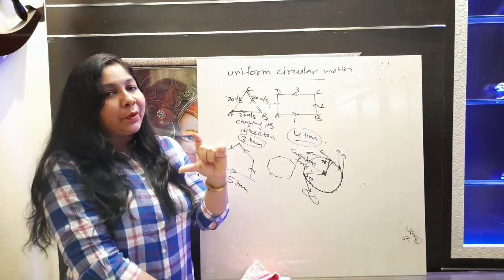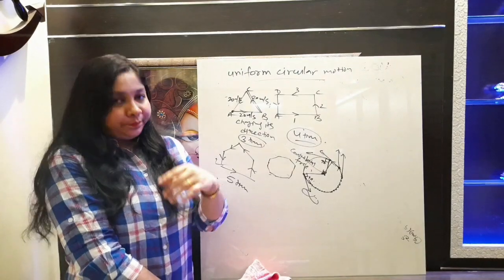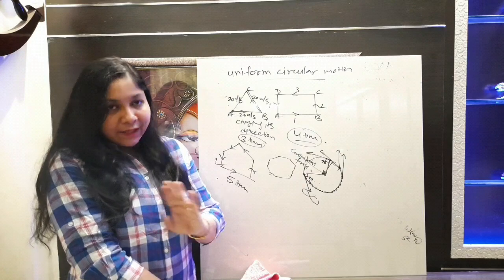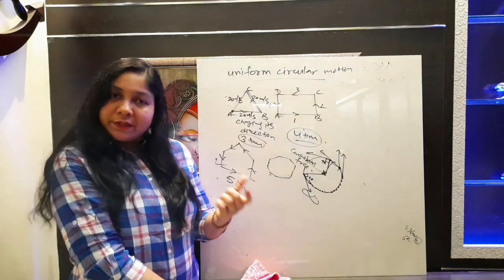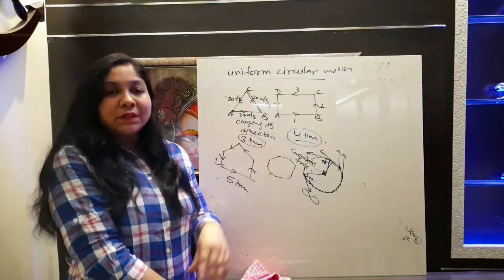This part you need to learn only. When a body moves in a circular path, the speed may be uniform, but the velocity is never uniform. If speed is constant, it's okay, but velocity will never be constant when the body moves in a circular path.